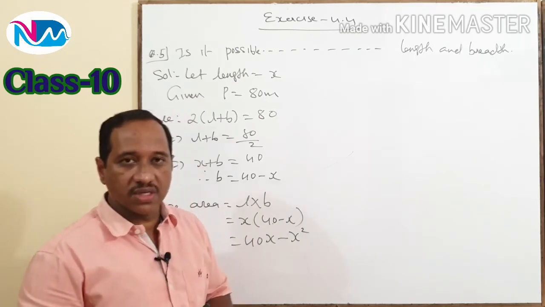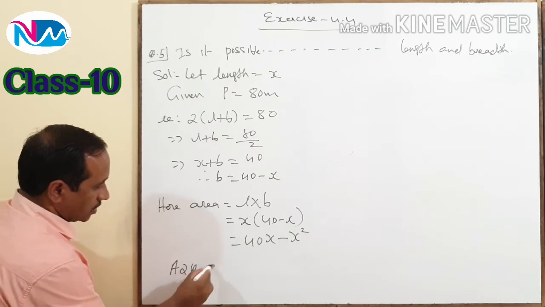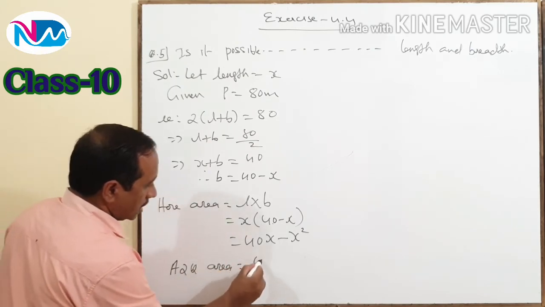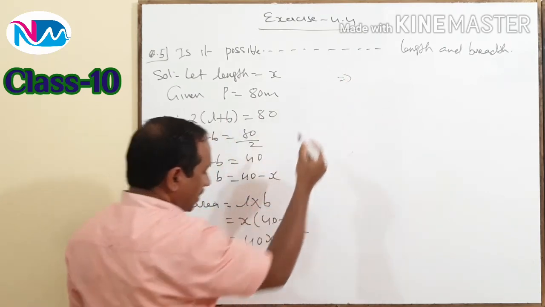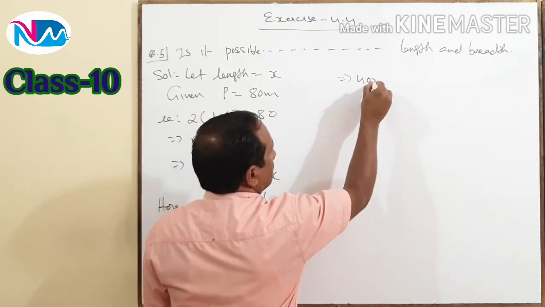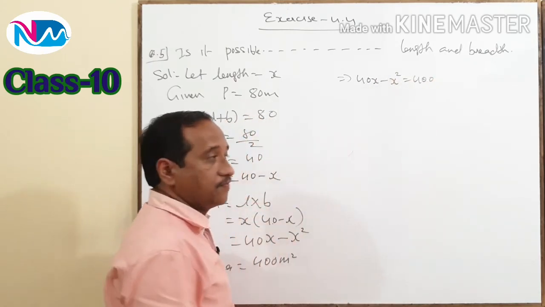But according to the question, area is 400 meter square. So we can write 40x minus x square is equal to 400.